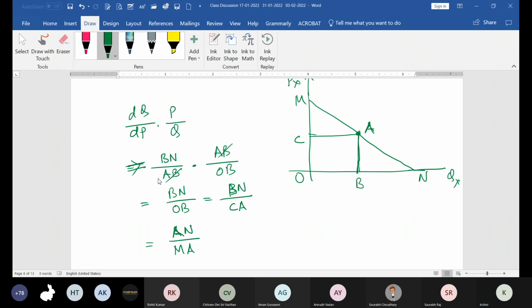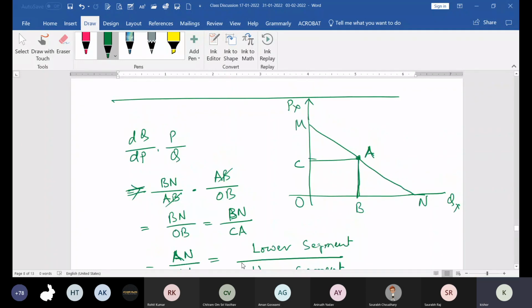What is AN? AN represents the lower segment, divided by the upper segment. So elasticity at a particular point will be equal to the lower segment value divided by the upper segment value. If A is the middle of that line MN, elasticity value will be how much? 1. Lower segment and upper segment are the same.